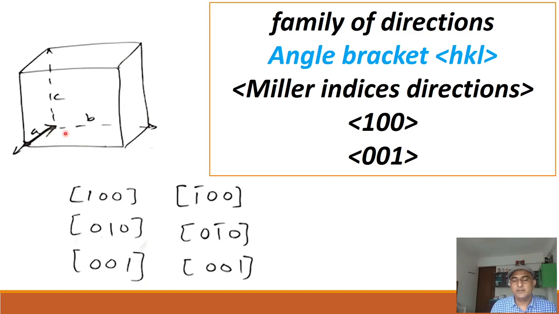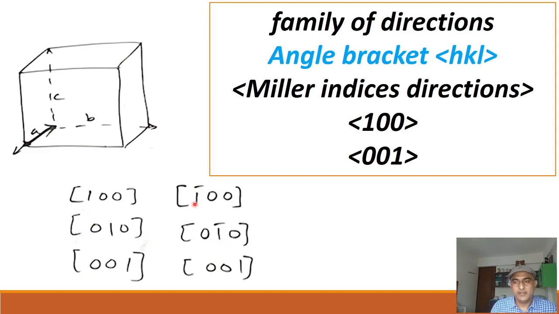Then another point may be -1, 0, 0, or another point 0, 1, 0, 0, -1, 0. And see here, this -1 is not written with a minus sign. We have to write a bar above the number. Instead of writing minus 1, we write the bar above any number.